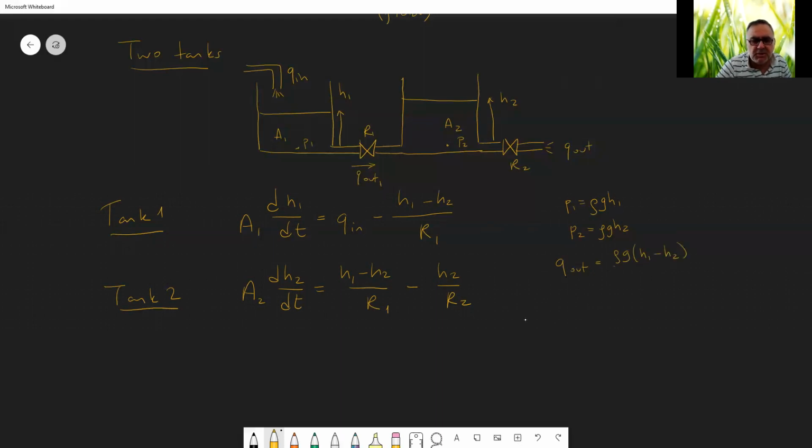We assume, by the way, that H1 is greater than H2, but it doesn't matter. Whatever you choose, the equations will come out to be the same. Okay? We assume that the flow is in this direction. So over R, well, here I will be using RF1, because I'm using the rho G term. Now this term I will call 1 over R1. So Q out is going to be H1 minus H2 over R1 as I have written here.